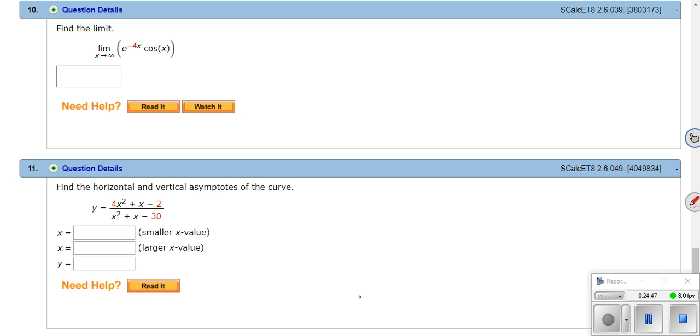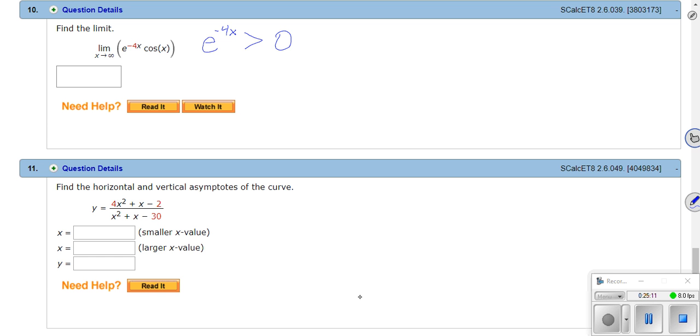So that's kind of the squeeze theorem in a nutshell. So first of all, let me just start by saying e to the negative 4x is greater than 0. Now, if you remember your basic exponential functions, unless they've been translated, they usually always go through the point 0, 1, and they are always above the x-axis.